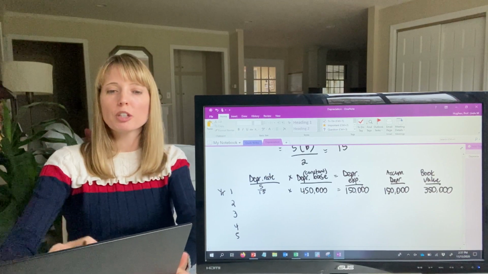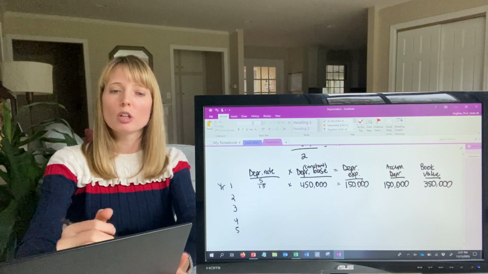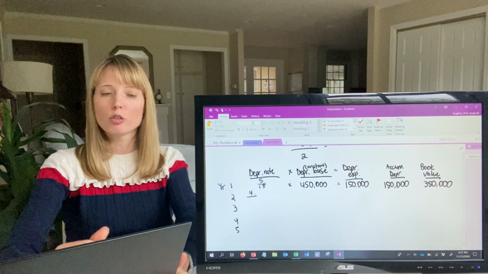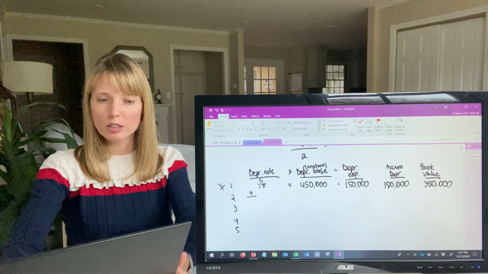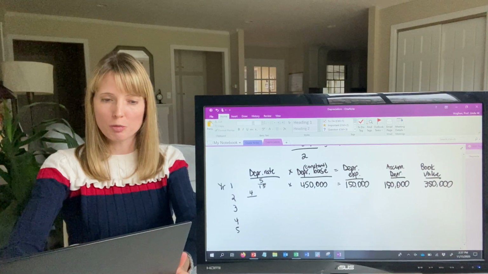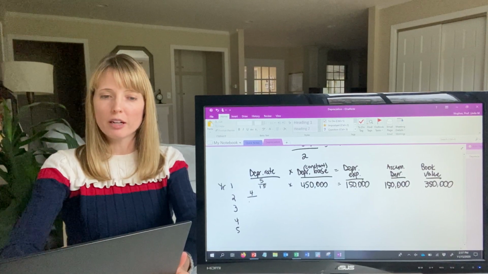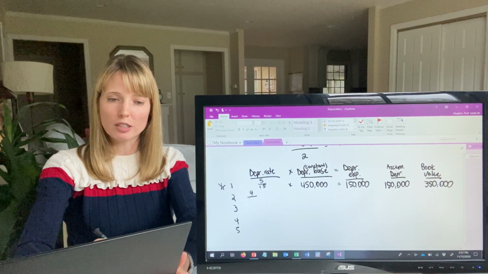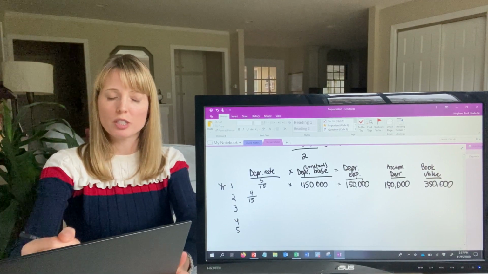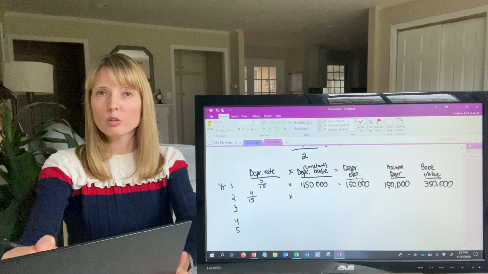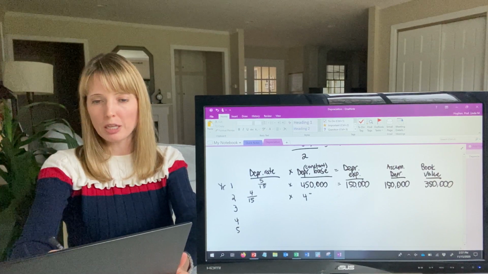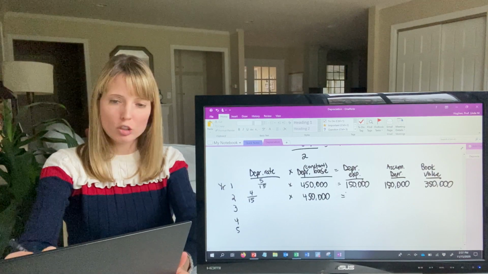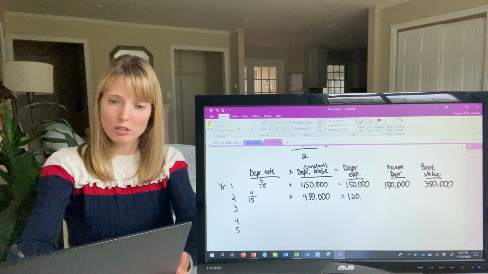Okay, so what is the depreciation rate in year 2? The numerator is how many years are remaining in the asset's life: 4, because we're always including the year that we're taking the depreciation expense for. 4 divided by 15, the sum of the year's digits. So 4/15 of the constant depreciable base, 450,000, gives us depreciation expense of 120,000.